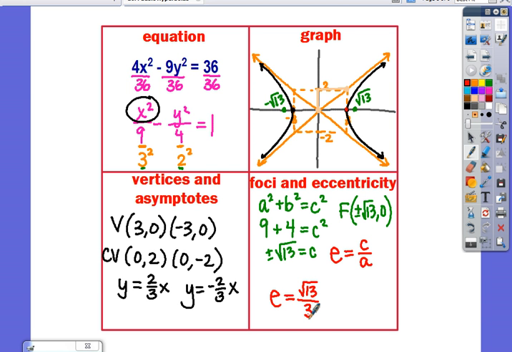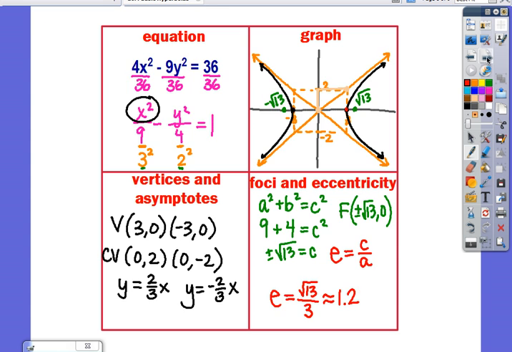So whatever that turns out to be, square root of 13, I have no calculator with me. Give me a second. Okay, we're back. I got 1.2-ish for the eccentricity for my hyperbola. And so the eccentricity kind of just defines how curvy the hyperbola is.